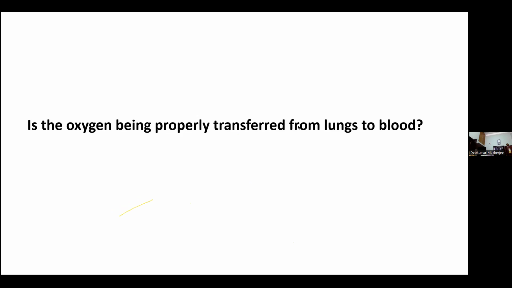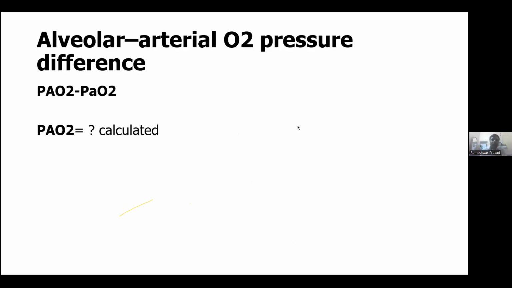So for knowing this, we have one parameter that is called the alveolar arterial oxygen pressure difference. Here, bigger A means alveolar and smaller a means arterial. You remember alveolar partial pressure of oxygen is always higher than arterial partial pressure of oxygen.